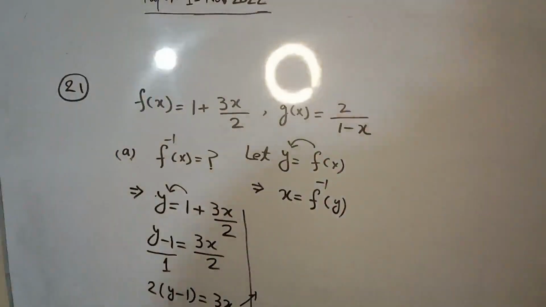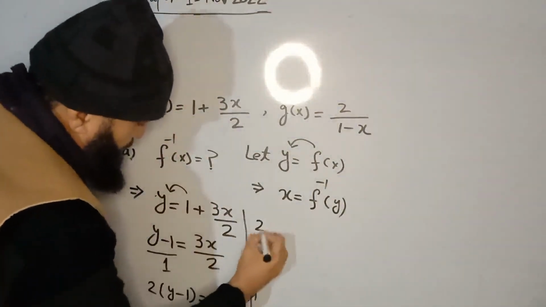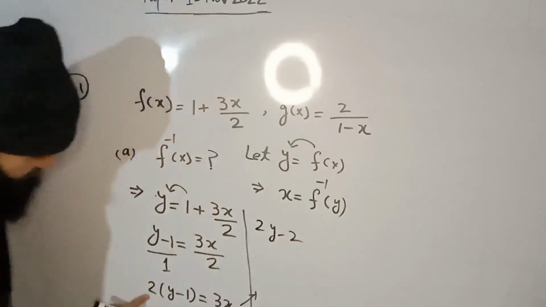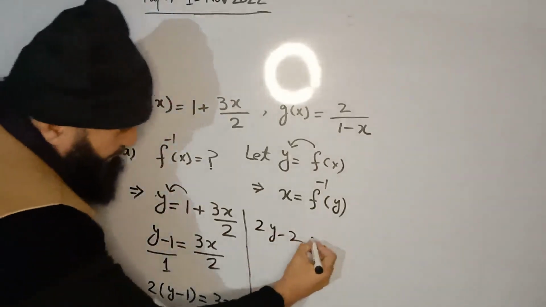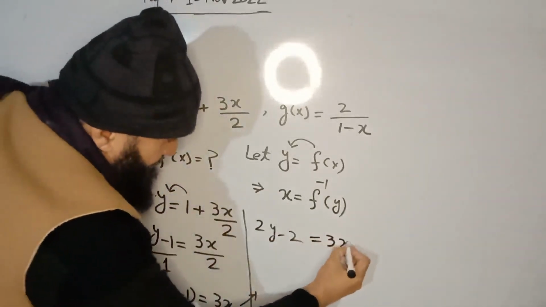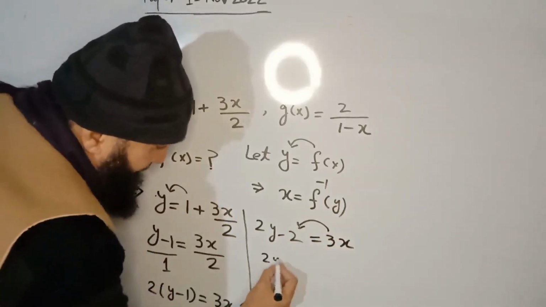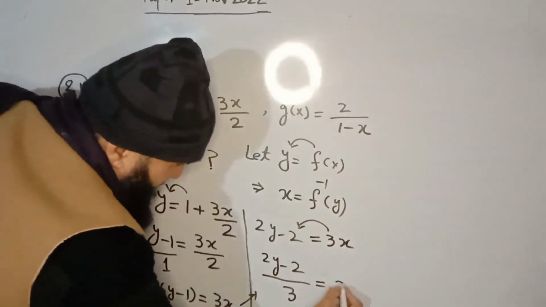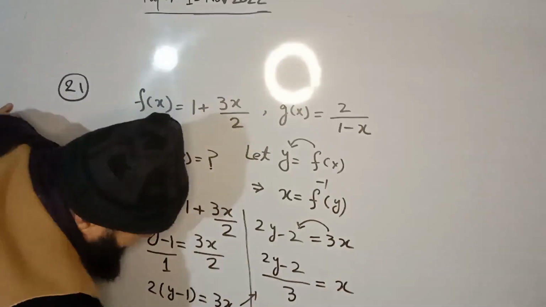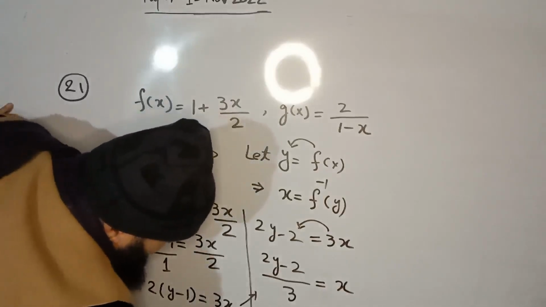We can write 2y minus 2: 2 into y is 2y, 2 ones are 2, so it becomes 2y minus 2 is equal to 3x. If we shift 3 here, it will be divided, so we get 2y minus 2 over 3 is equal to x. Or we can write x is equal to 2y minus 2 over 3.